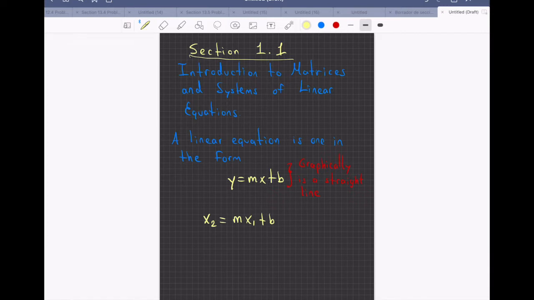This equation, in general, can be written in the form ax1 plus bx2 equal to c. And this, we will call a linear equation in two variables.